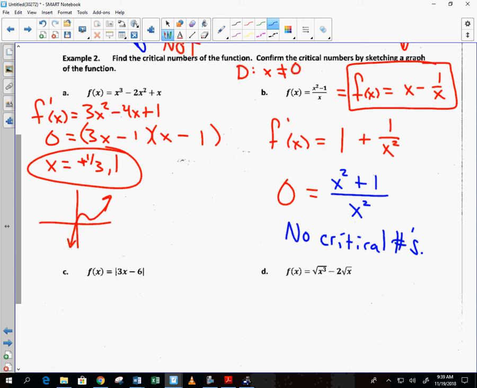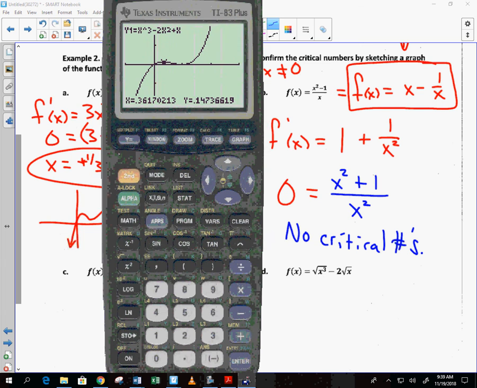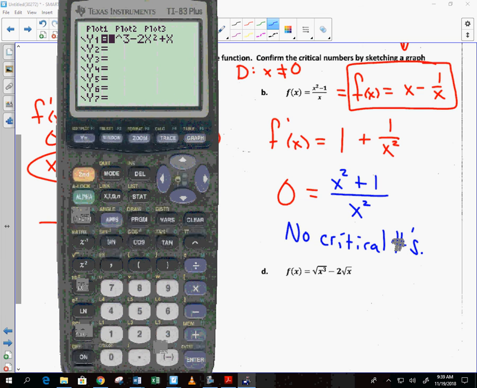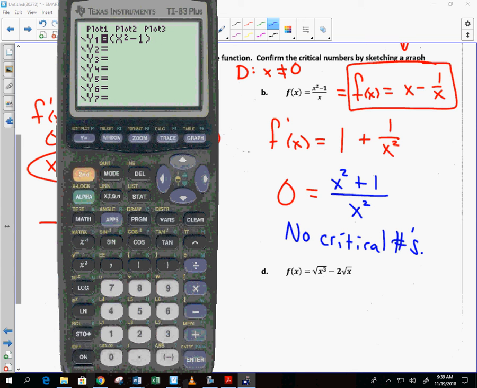I don't know about you guys, but I'm worried by that result. How could I check it? Let's look at the graph and see if the graph confirms that there are no critical values. Parentheses, x squared minus 1 divided by x. And I will zoom 6.